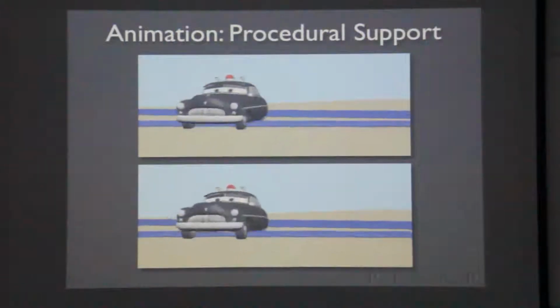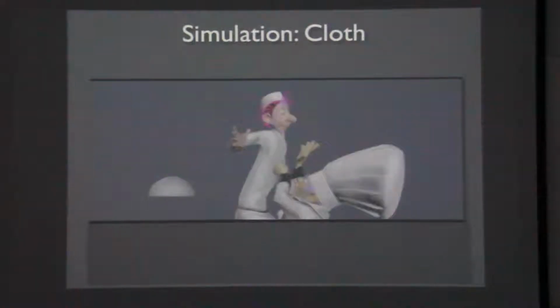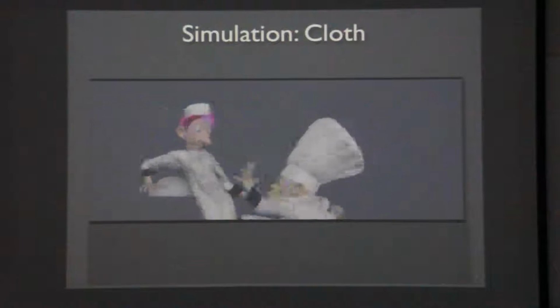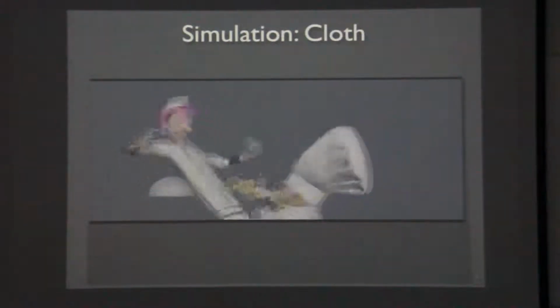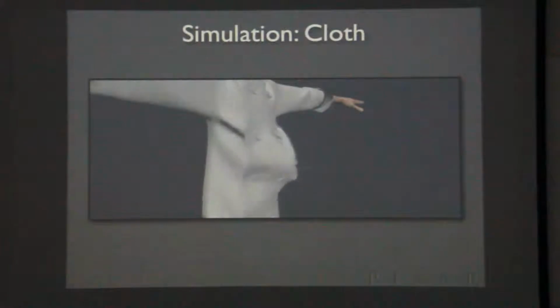The most extreme form of that is hair and cloth. No one wants to animate cloth by hand, especially something like this. So in this shot, we have Skinner grabbing Linguini and pulling this cloth. Now this is a very hard simulation to do. And the way we do it is by using basically these little grab widgets where we can actually attract the cloth to them, animate on and off, and do that one by one as the grab propagates up the clothing.